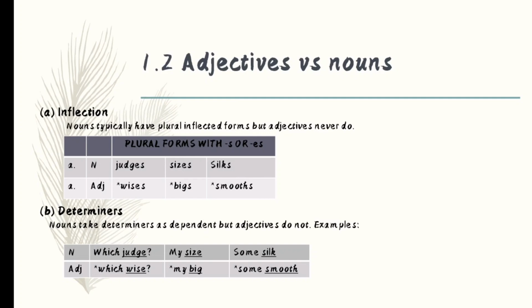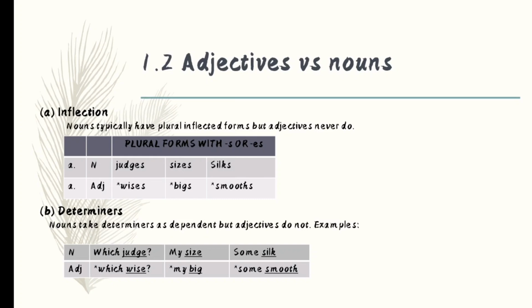For example, plural forms with s or es in nouns: judges, sizes, silks. Superlative forms with est cannot be used in nouns. Second example, superlative forms: wisest, biggest, smoothest.